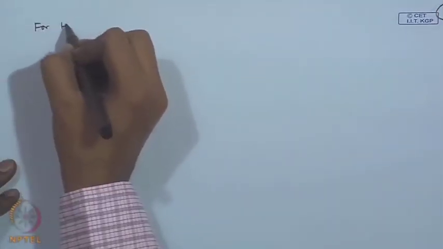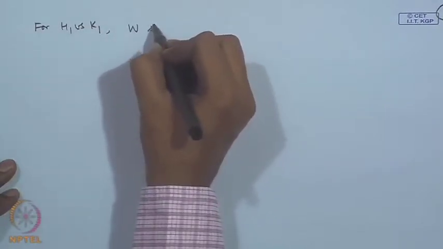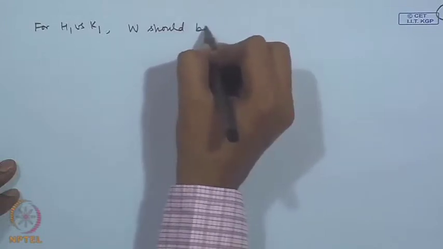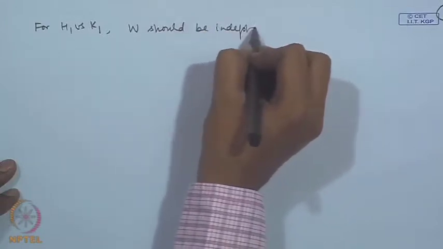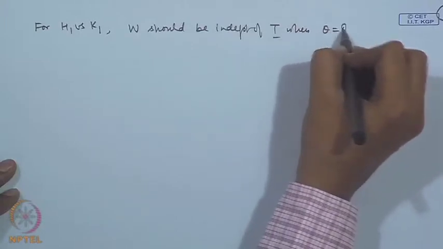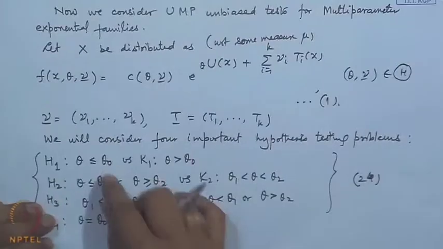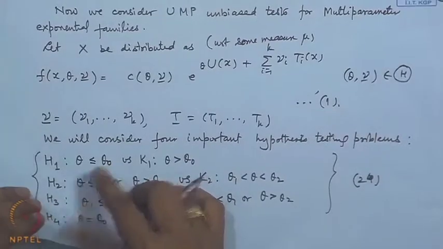Now, the conditions that we need to impose are as follows. For H1 versus K1, W should be independent of T when theta is equal to theta naught. Remember here, for hypothesis H1, the condition was based on theta naught.